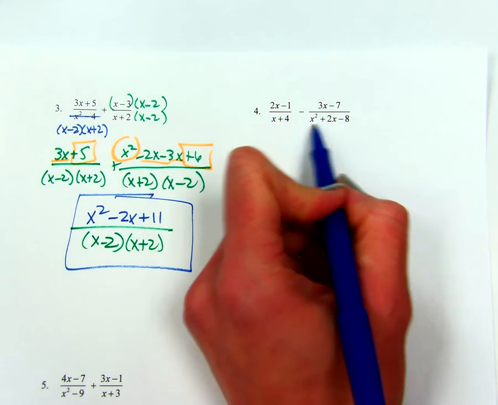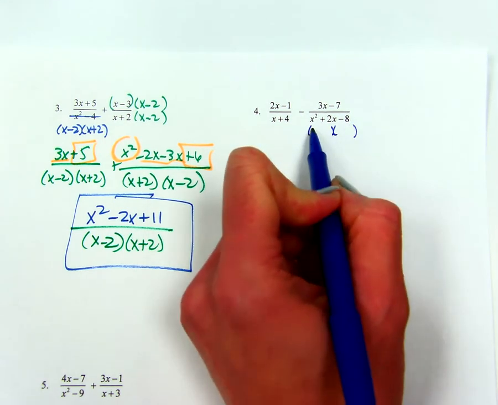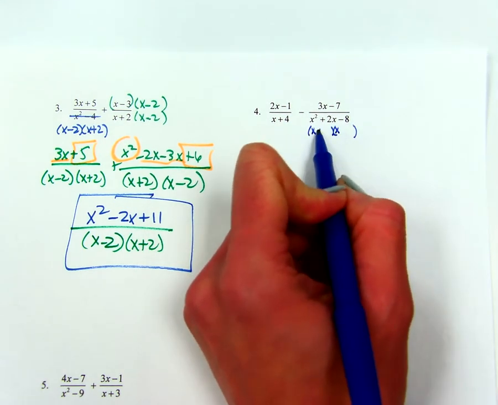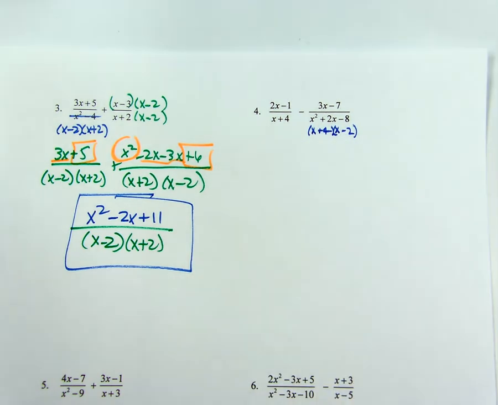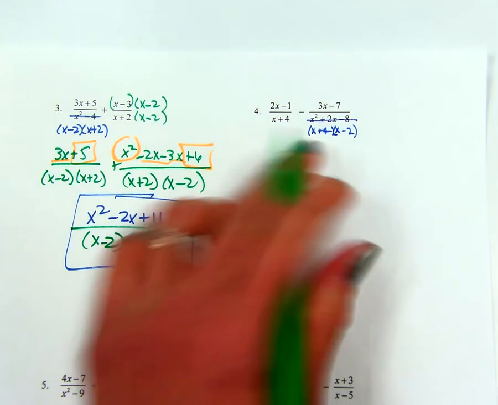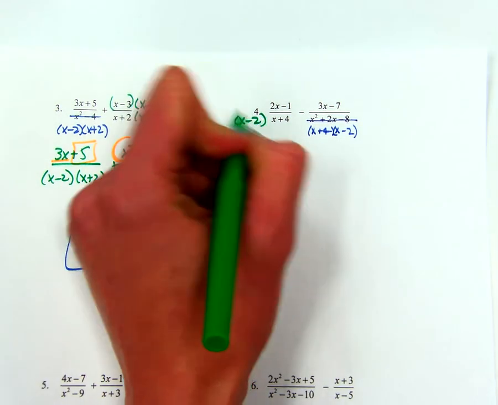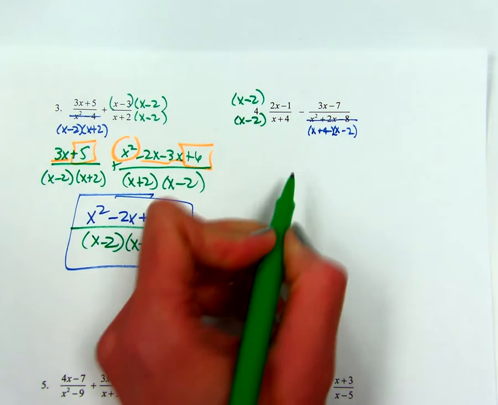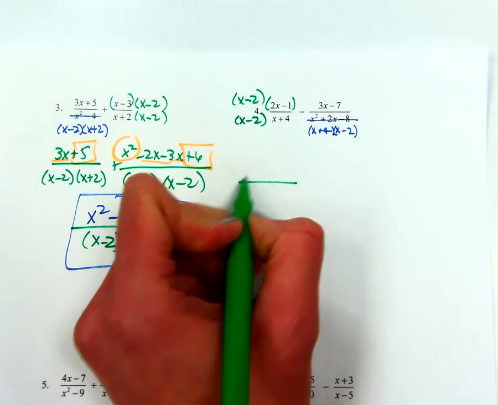Okay, number 4, I'm going to try to factor. So what multiplies to 8 is positive 4 and negative 2, because then it adds to positive 2. Okay, so now I'm going to look at it like that. My denominators have x plus 4 in them, but this one's missing x minus 2. So I need to FOIL on the top.